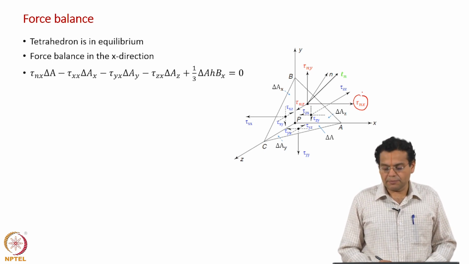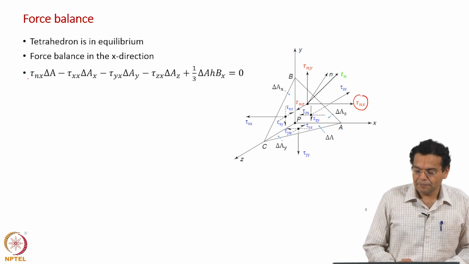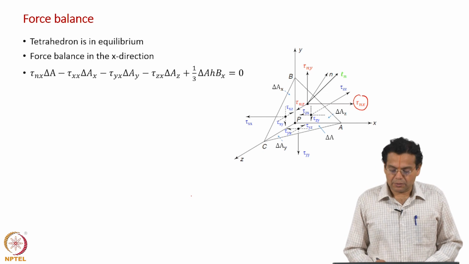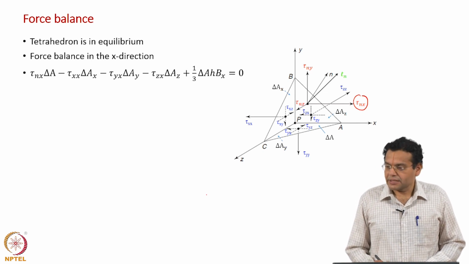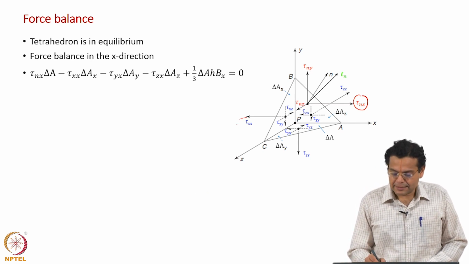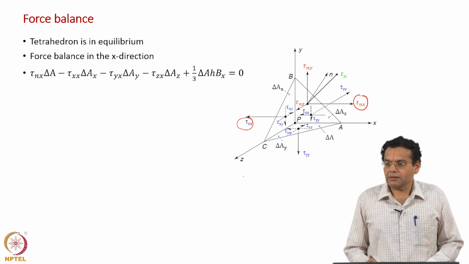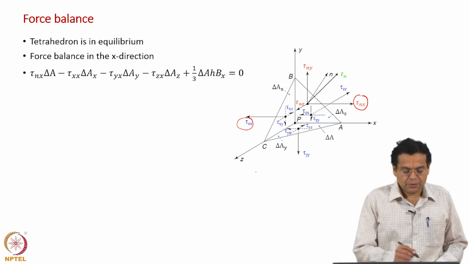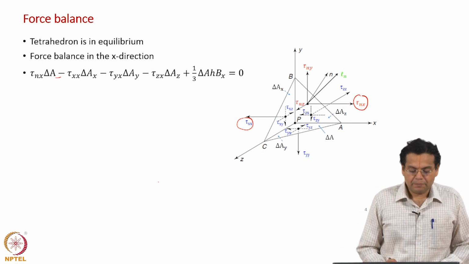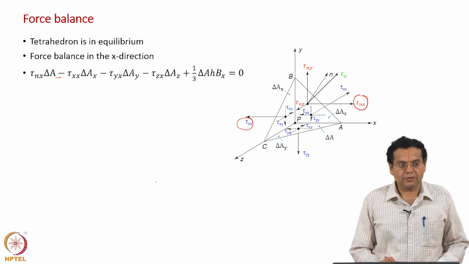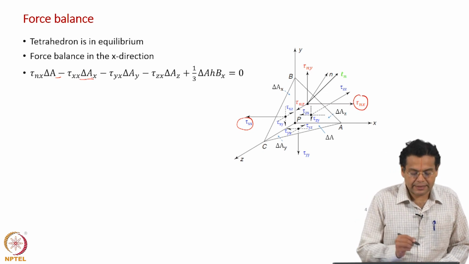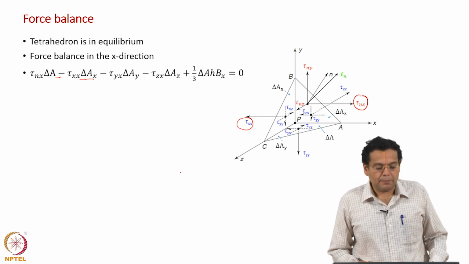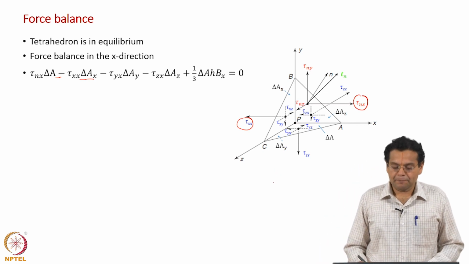So, tau nx along the positive axis, so it is positive and the area over which it acts is delta A. Now, next coming to the x face, tau xx is the component acting along the x direction and it is along the negative x axis. So, we have a negative sign here and multiplied by the area over which it acts, which is delta Ax. Okay.